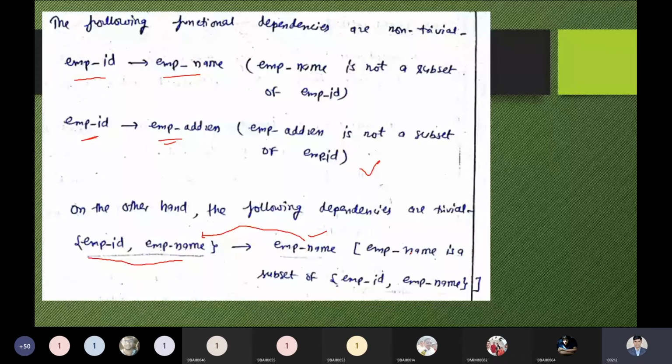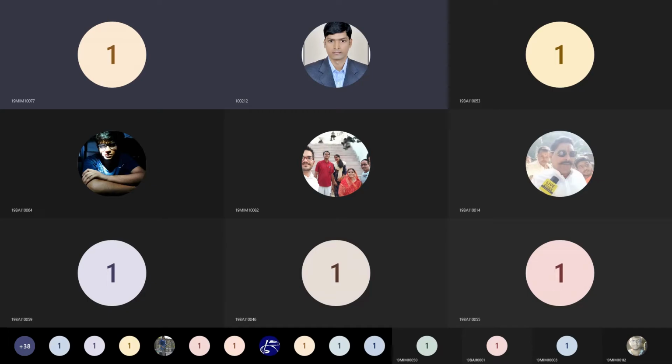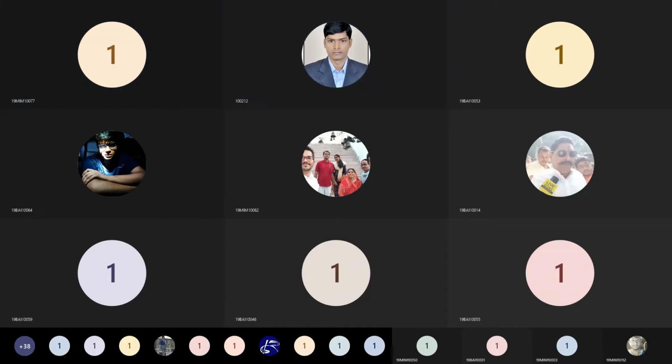Sir, your screen is stuck on one slide. Where? Sir, it is the same slide. Sir, please give an example of trivial or non-trivial dependency. Okay, just give me one second. Let me reshare to all. Just give me one second.